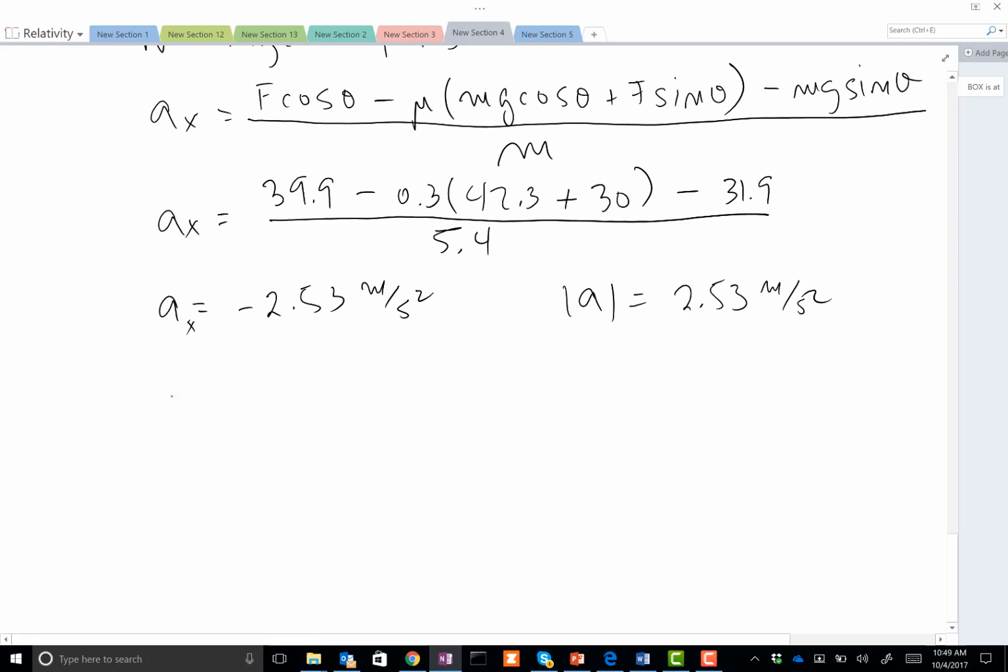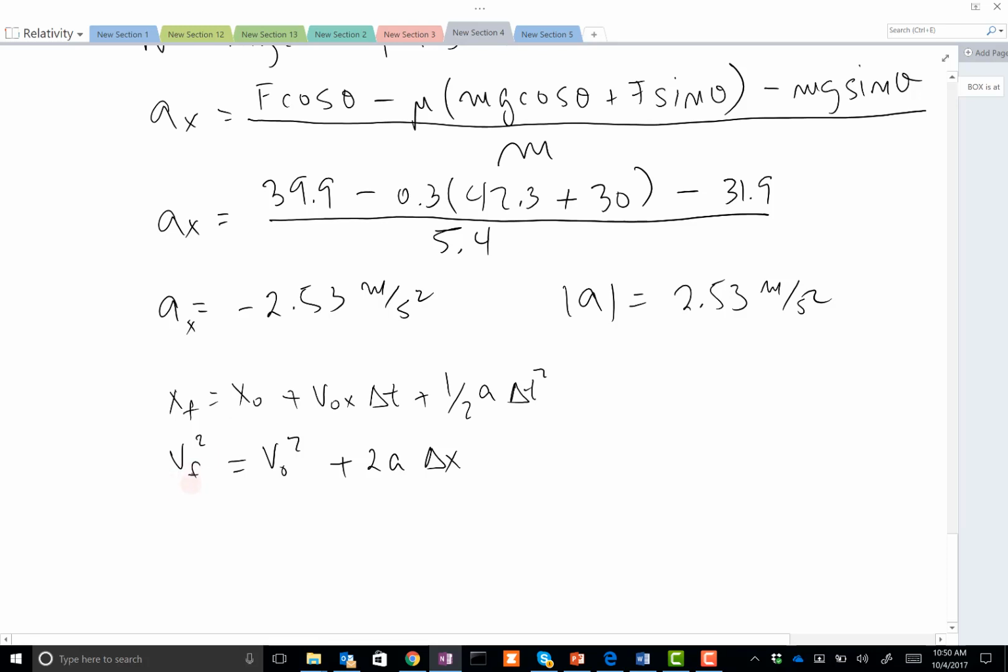We could have x final is equal to x initial plus v0x delta t plus 1/2 a delta t squared. That is one equation I can use, and the other equation is vf squared is equal to the initial squared plus 2 times a delta x. This is what I want, delta x, so this second equation seems to be the most appropriate.